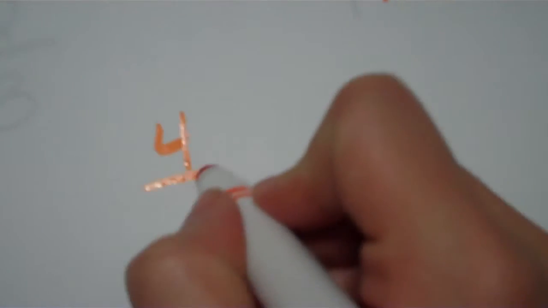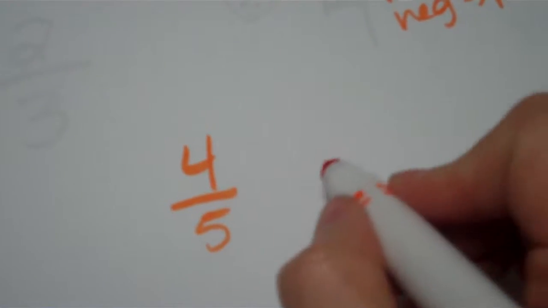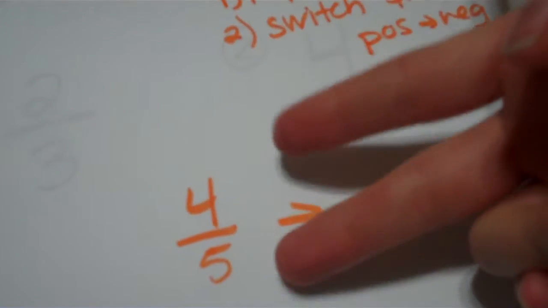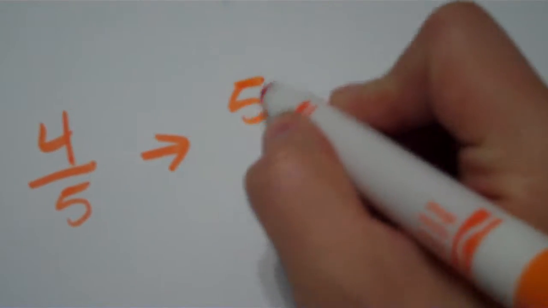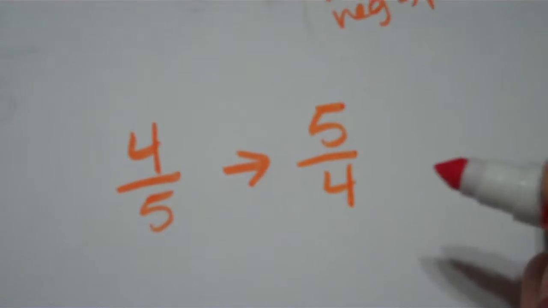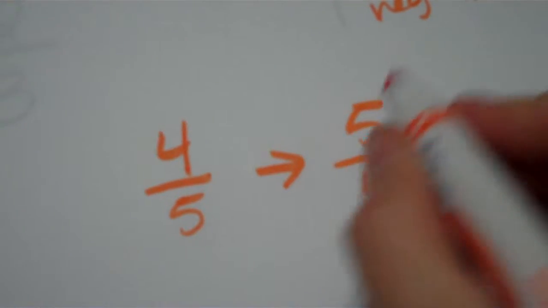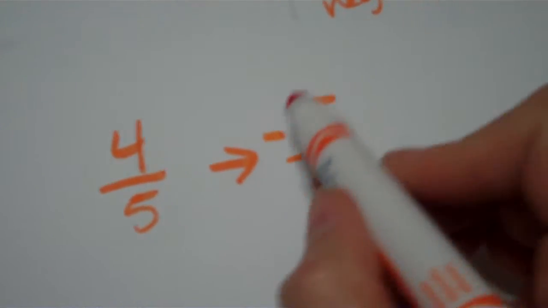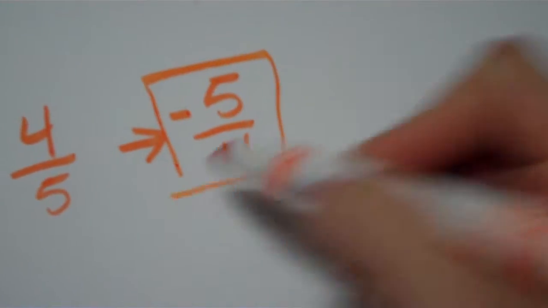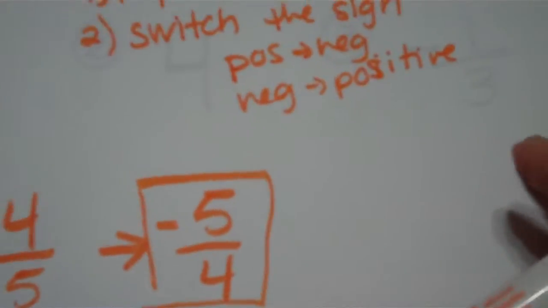So real quick, go ahead and write this down. 4/5. Let's say the slope was 4/5. The opposite reciprocal means you just flip the numbers. So instead of 4/5, it would be 5/4. And this is positive, so then this would be negative. One more time.